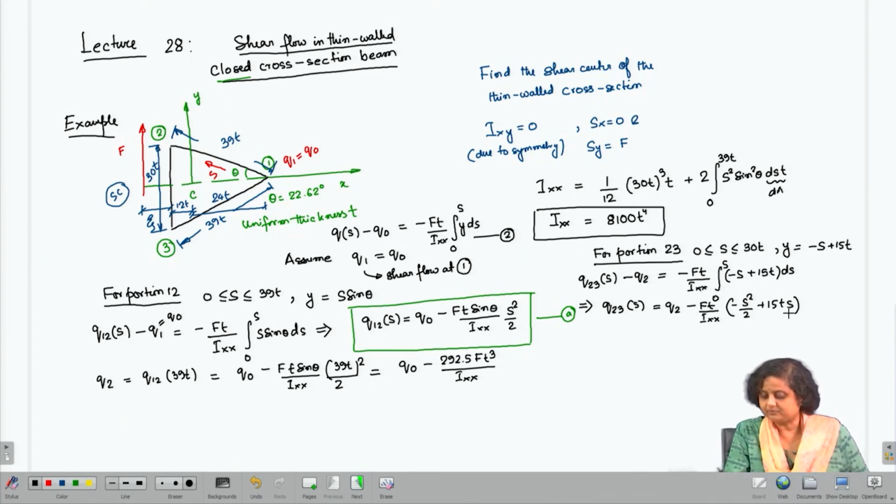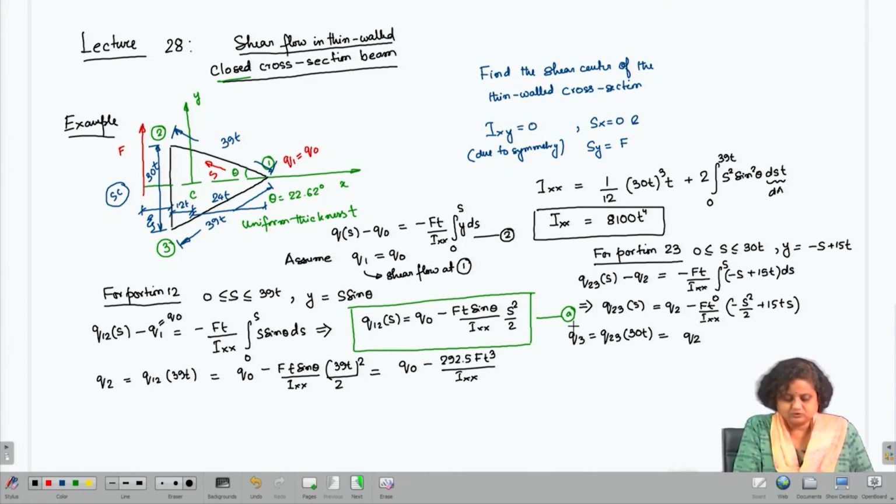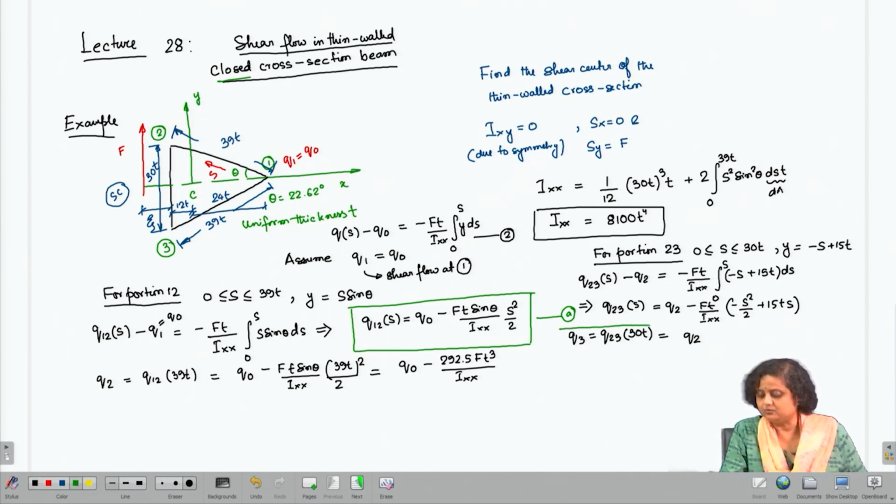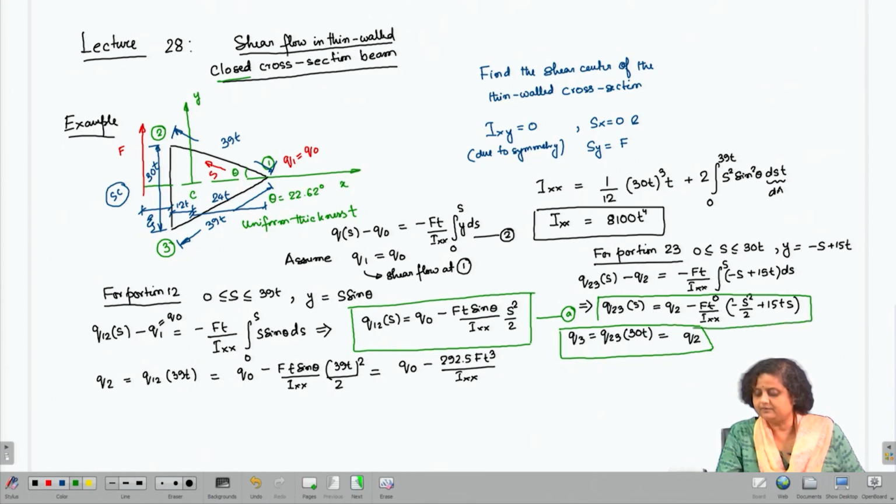Now, from this expression we can get Q3, which is going to be Q23 at 30t. If we calculate that, this will end up being 0. So, we will have Q3 is going to be Q2, and Q23, the variation of shear flow, will be given by this expression.